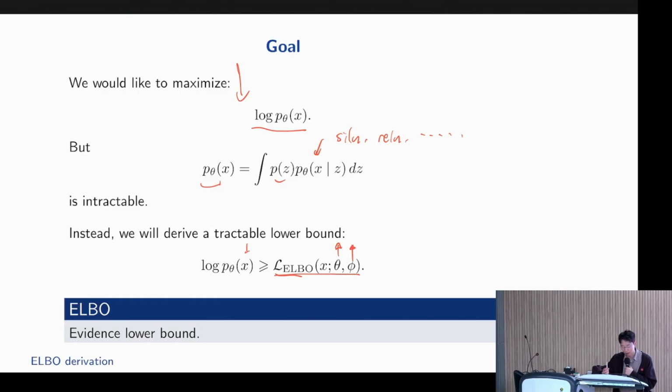That's the process. ELBO stands for evidence lower bound.